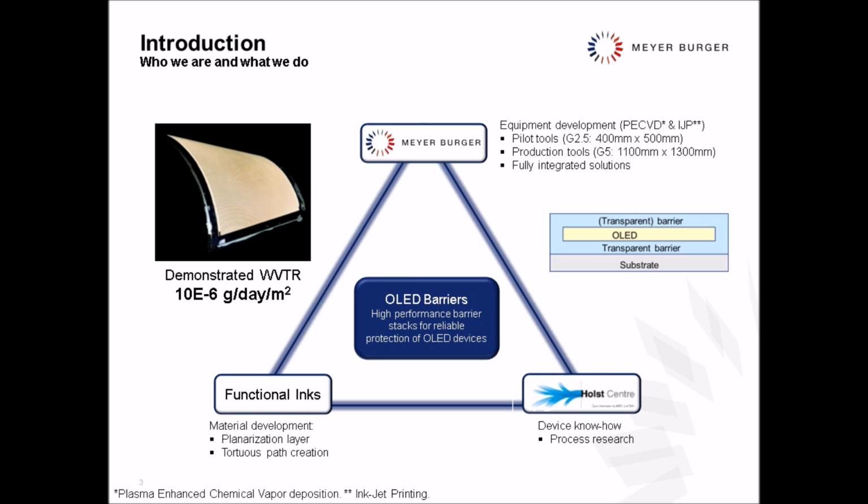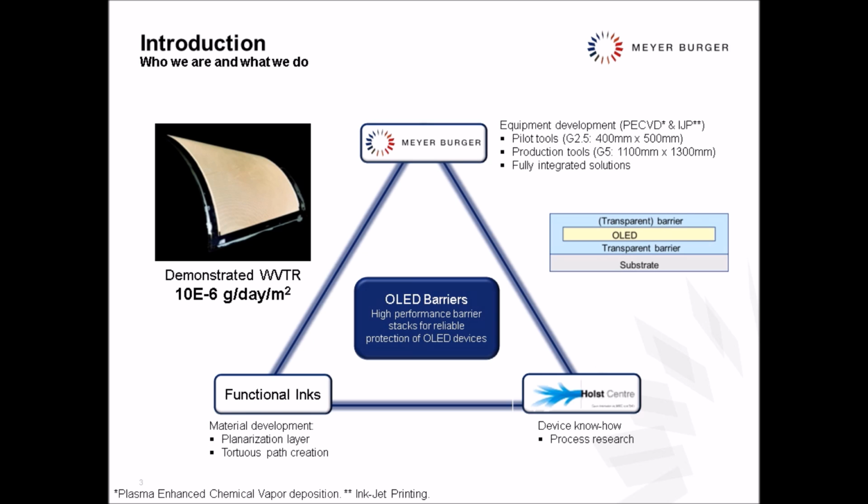This together will then lead to the creation of OLED barriers which deliver high performance and reliable protection for moisture sensitive devices. We see here on the left an example of an OLED device, and on this kind of sample we demonstrated a WVTR, a water vapor transmission rate, in the range of 10^-6 grams of water per day per square meter. As you can see in this picture, the device is flexible.